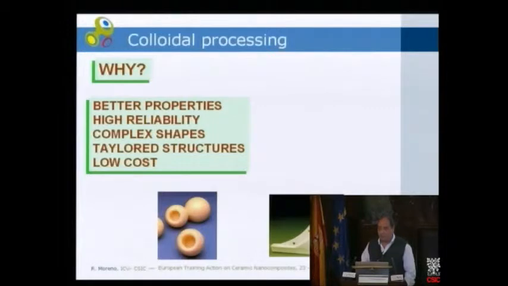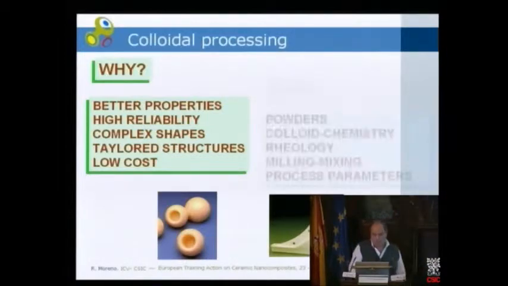Colloidal processing has demonstrated to provide better properties and high reliability to the materials, and it has other advantages, such as the possibility to obtain complex shapes and tailored structures. In addition, for slip casting, we only need a jar with the suspension and a mold which is of plaster, so the cost is very low in general.